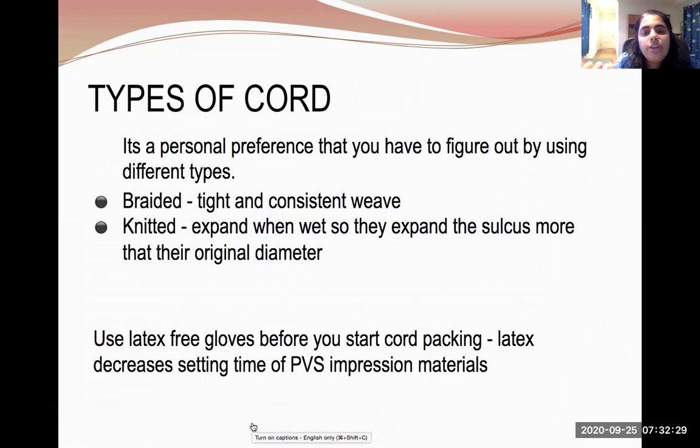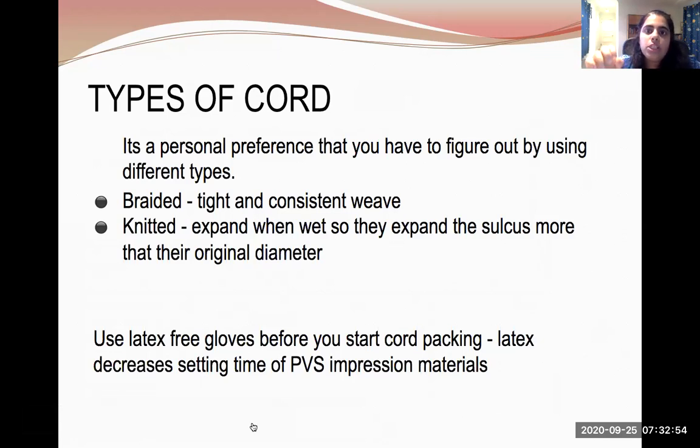they unravel and fray less when they are cut during the placement. So in theory, they say it's easier to place, but again, everybody has their own preference. I'm not saying one is better than the other. The knitted ones actually expand when wet. So you have to take that into consideration when you're deciding which cord to pack.